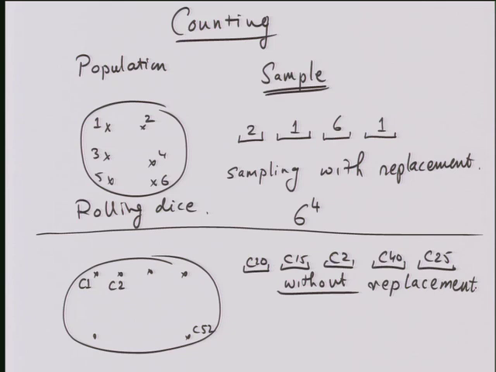Okay? So what we said here is that the number of ways of drawing this sequence of cards is 52 for the first one, 51 for the second, 50 for the third, 49, 48. Okay? And so there are that many possibilities.